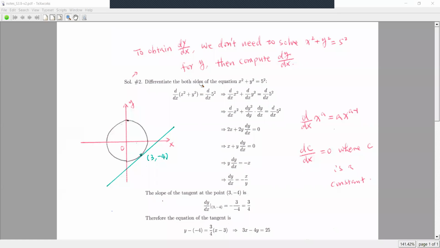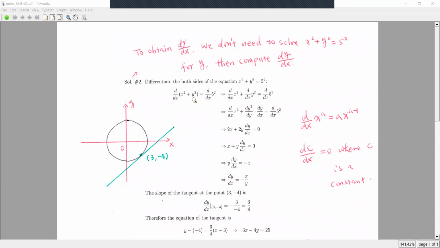Differentiate both sides of the given equation. Take derivative on the left side, derivative on the right side. The left side is a sum of two functions. X squared depends on x, so it is a function of x.